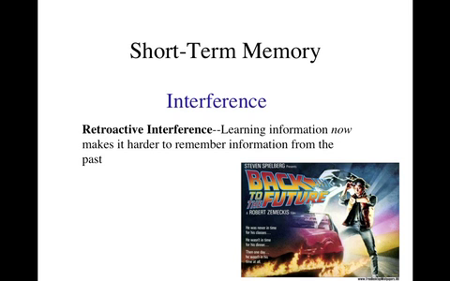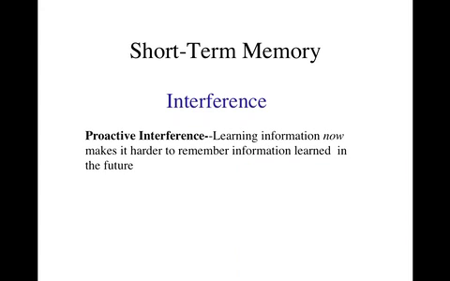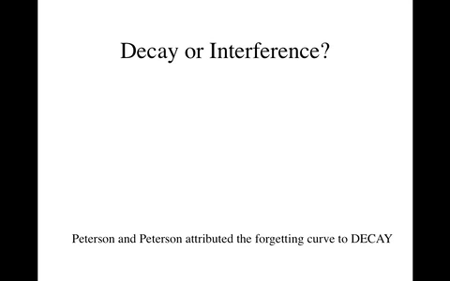Hopefully not, but that would be retroactive interference. Proactive interference is the opposite, where information now is interfering with information that you're going to learn later. So if studying for this exam causes interference for an exam you're studying for afterwards, that would be proactive interference.